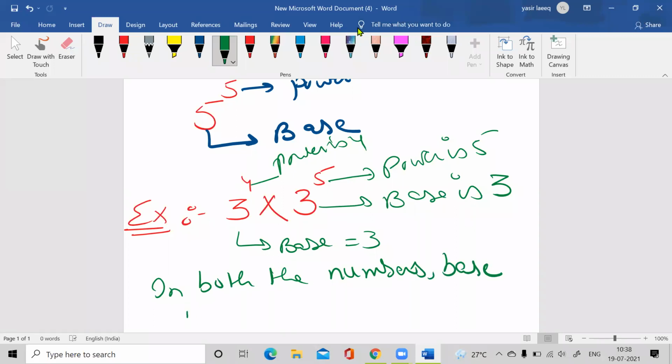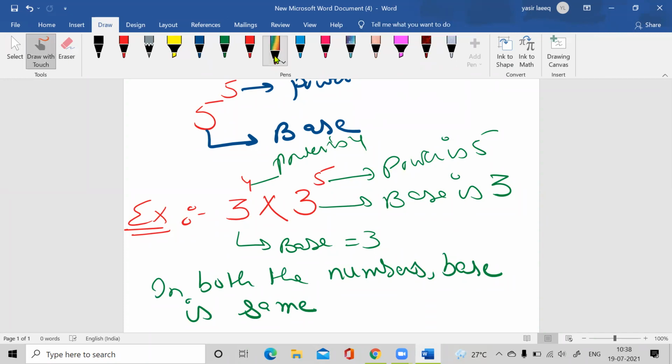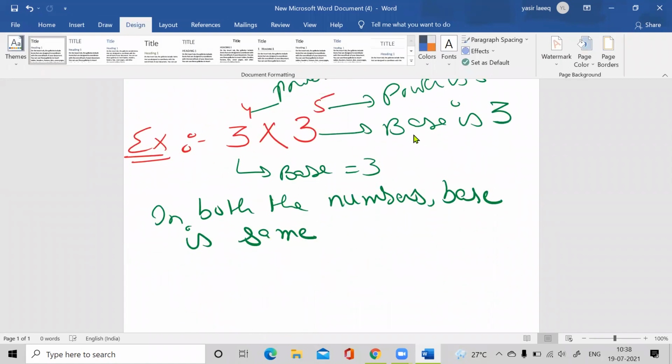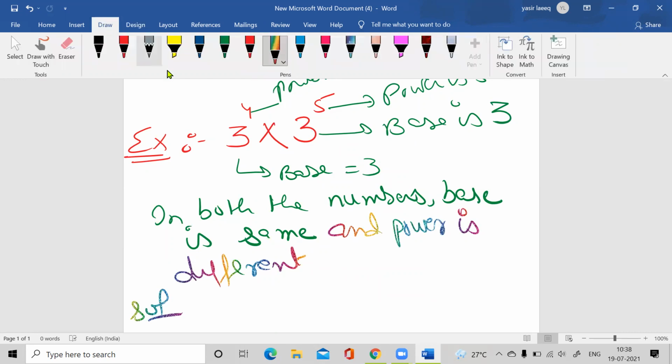Base is same and power is different. So see how we solve such questions where powers are different and base is same.